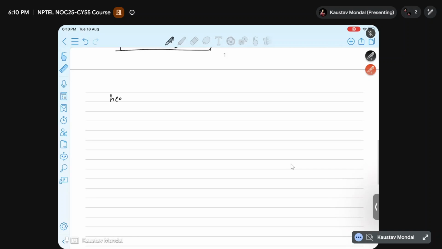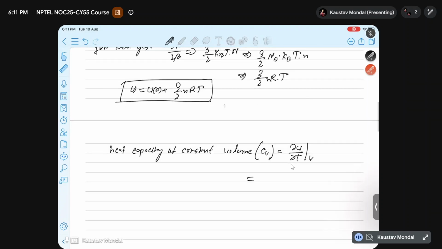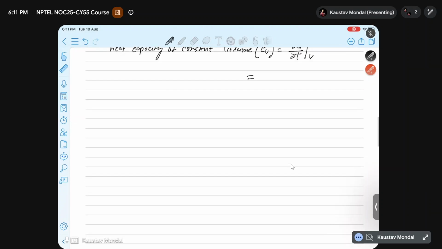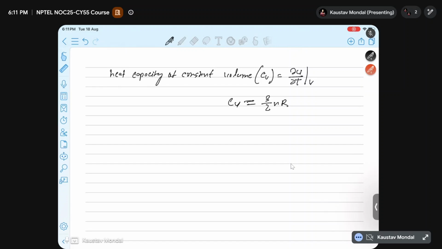So heat capacity at constant volume is known as Cv. The expression is del U del T at constant volume. If you do this derivative del U del T, you get 3 by 2 nR for Cv.